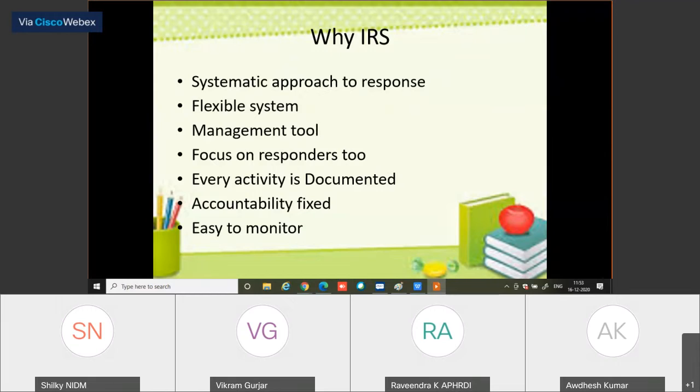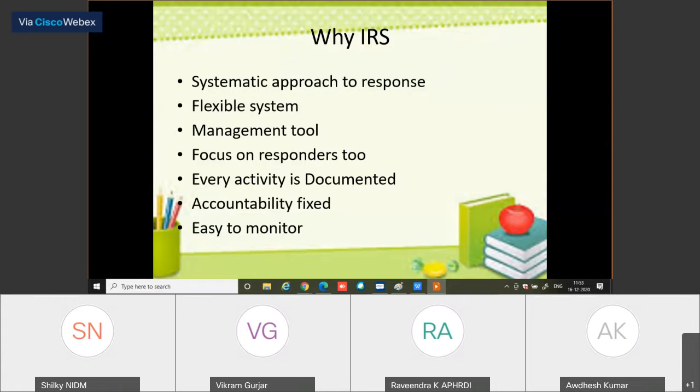So the effectiveness of this IRS depends on all the various factors which I discussed so far. And this incident response system identifies the unique quality of the responders, how they deal with it as an incident or event management system.